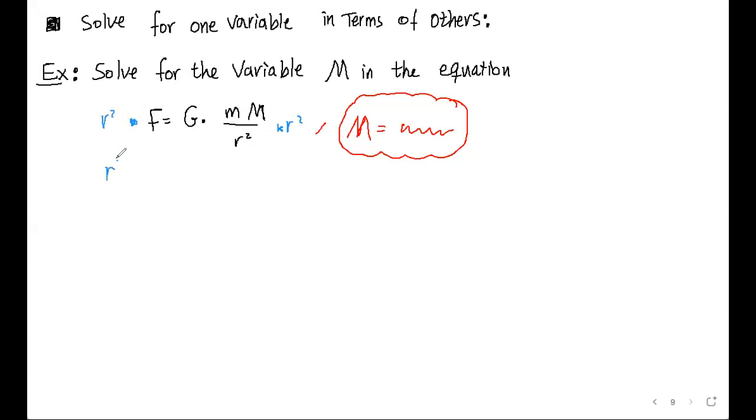So what does it give me? r squared times F equal G times small m times capital M. So this one cancels by this one. Now what do I have to do next?